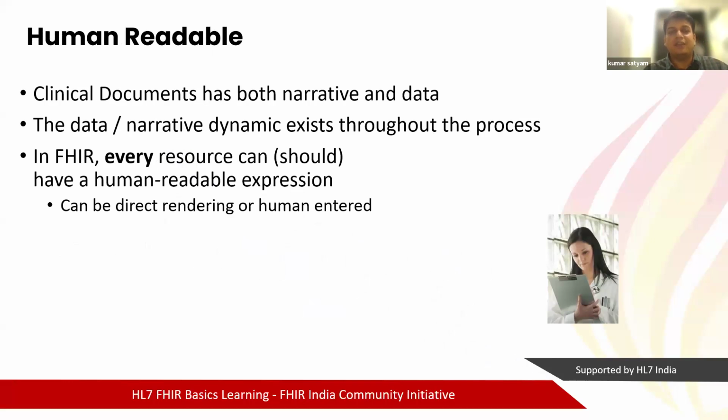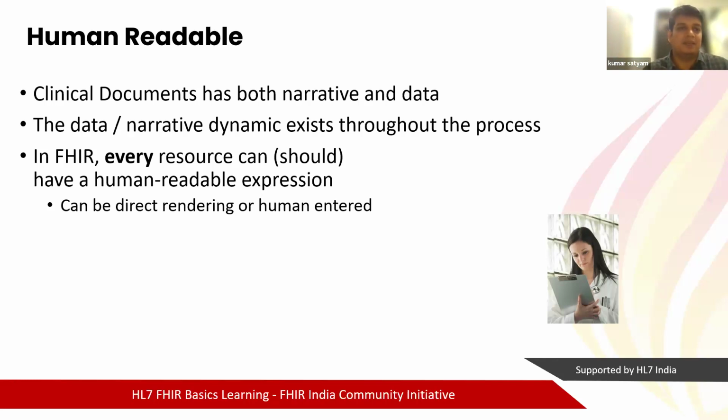Now, human readability. This is a core concept that came in from version 3 of HL7, where they said, what happens if somebody does not have access to any of the tools or applications that understand FHIR? What FHIR has enabled is that if you have a FHIR document or a FHIR resource, and a plain vanilla browser, if you just open that resource in the browser, you should be able to understand the content of the resource.